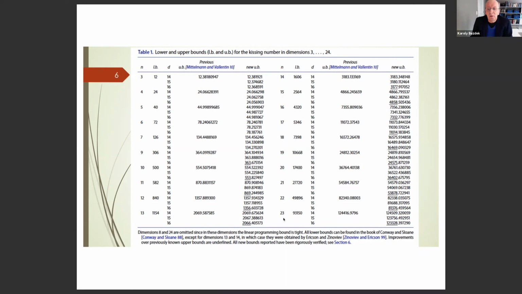You see the improvements. Improvements start in dimension 9. They are underlined here in the chart. So this is a laborious area and requires a lot of effort, and it looks like progress is coming along.